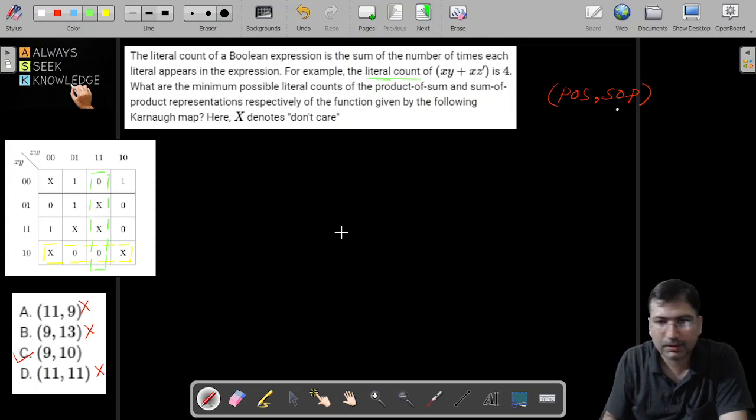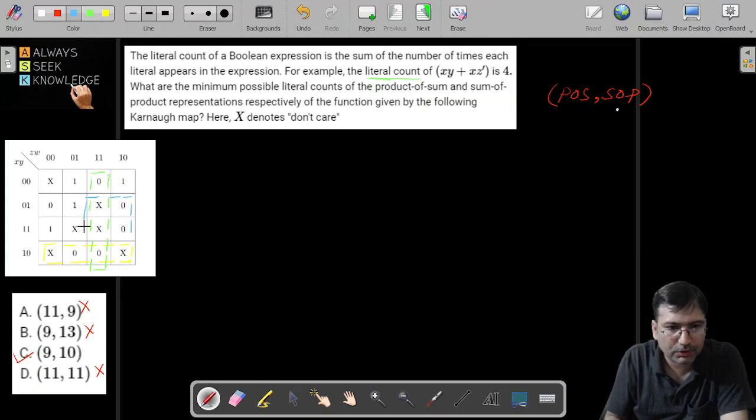It is clearly visible because this time we are going to get POS, product of sum. Now these zeros we can form the group of this 4. So let's say this is one of the possible grouping like this. Now this 0 is left only, so this 0, there is no other way we can form the group like this either, right?